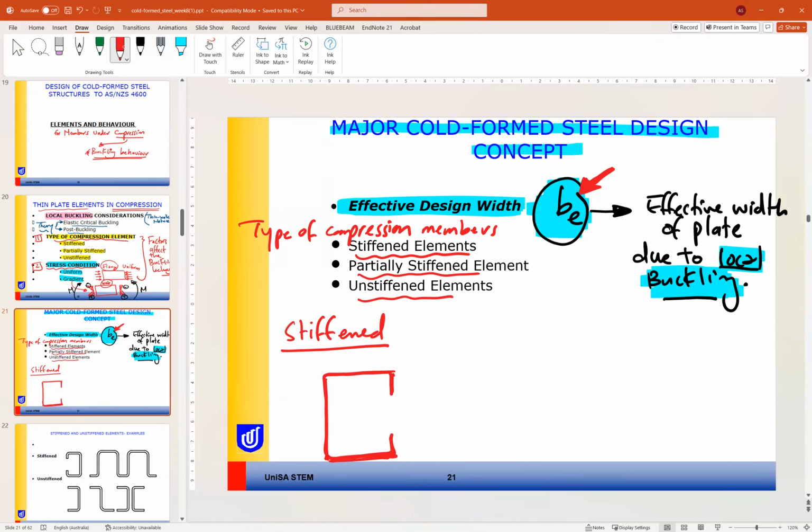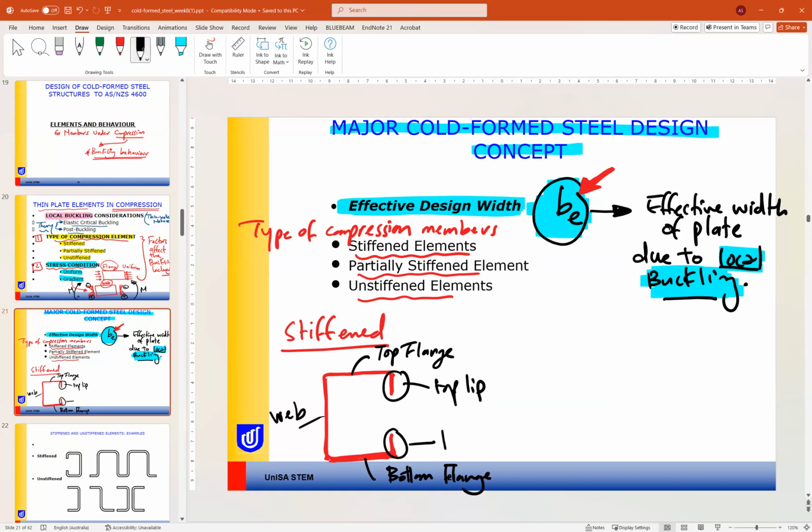If we have a member like this, we have a web, we have a top flange, we have a bottom flange, and we have these two parts, the top lip and bottom lip.